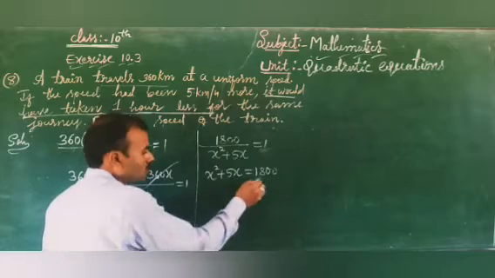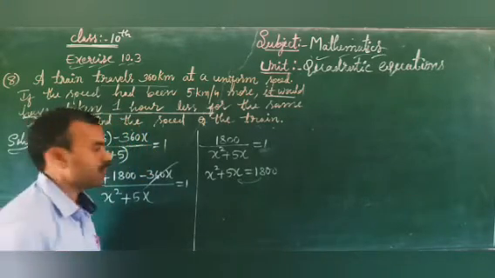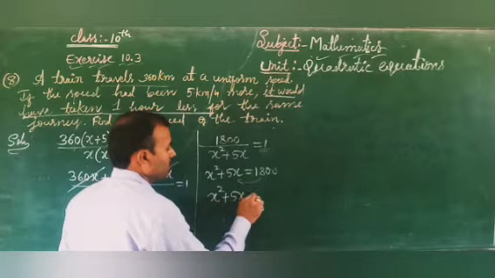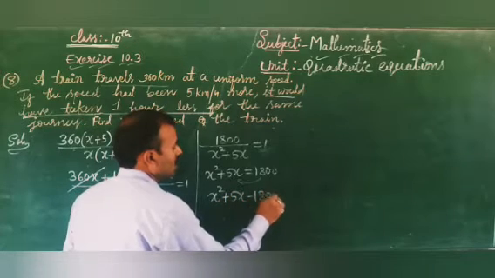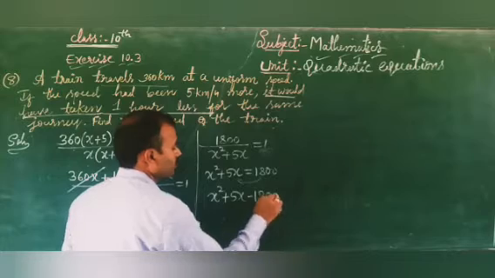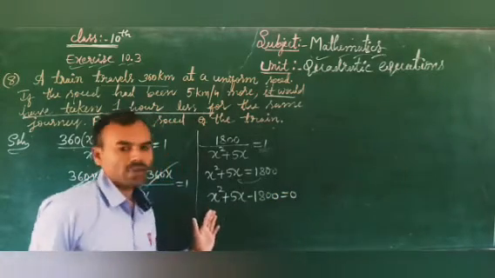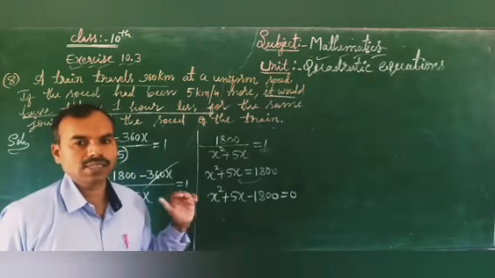Next, transpose 1800 to the LHS: x square plus 5x minus 1800 equals 0. It is of the form ax square plus bx plus c equals 0.